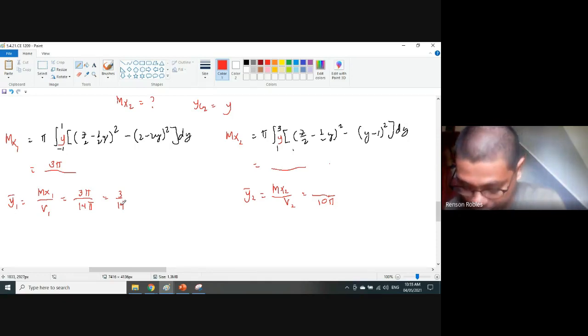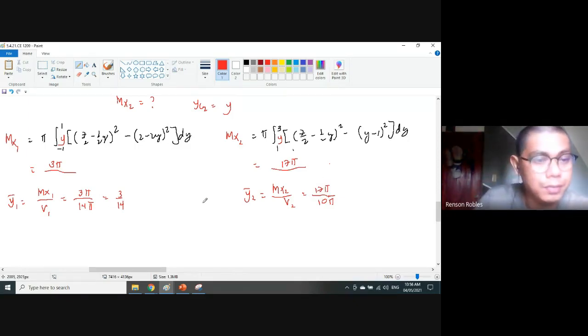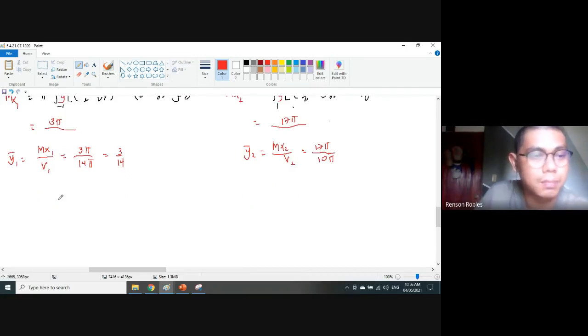It's y minus 1 square. Can I ask someone to send the solution on the group chat? It's y minus 1 square. My calculator says it's 17. 17 pi.